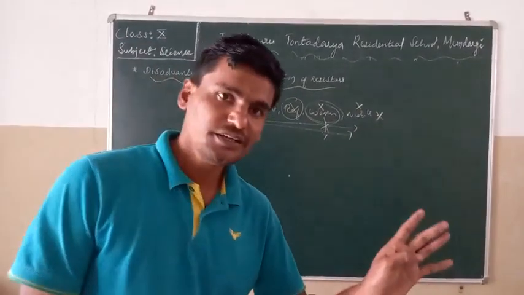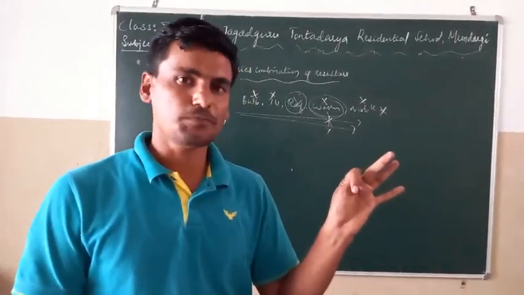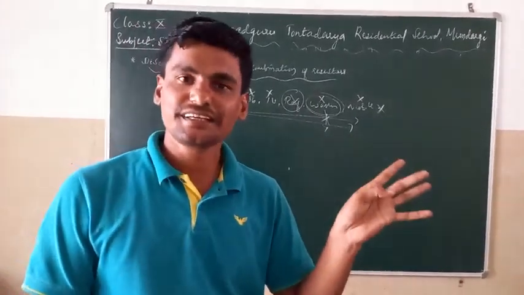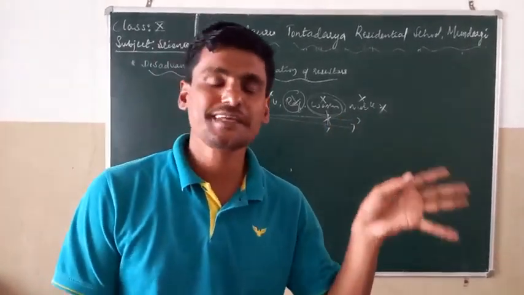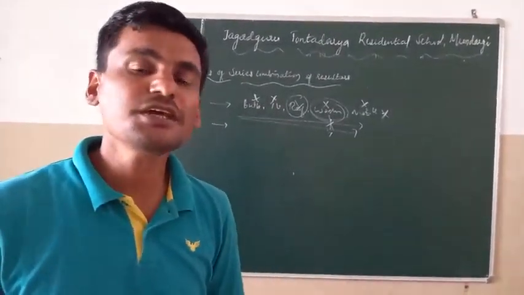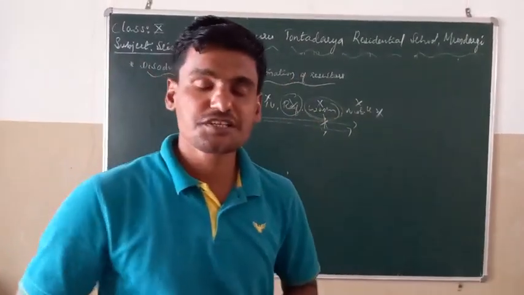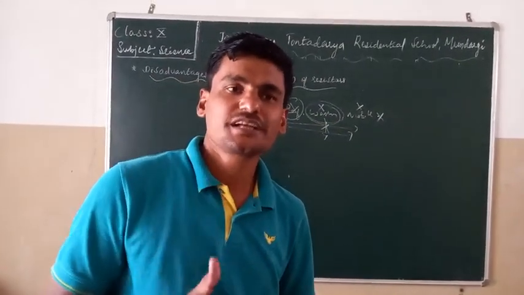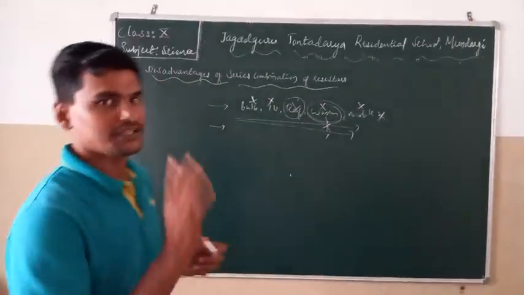So the first one: each device requires a minimum amount of current for its operation. Second, if any one device connected in that combination stops working, the rest of the devices also stop working. For both reasons, there is a single path for the flow of electric current.